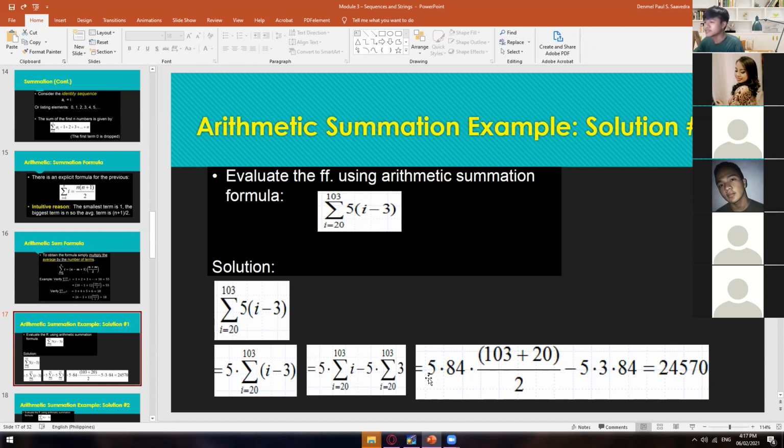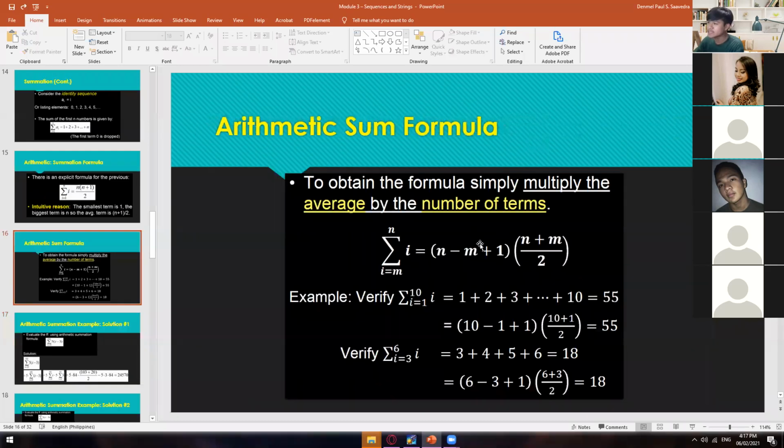Just substitute the corresponding values or corresponding formulas. So 5 is this one, 5. And then the summation here is your range, which is from 20 to 103. So how did we get this 84? It is this formula, n minus m plus 1.